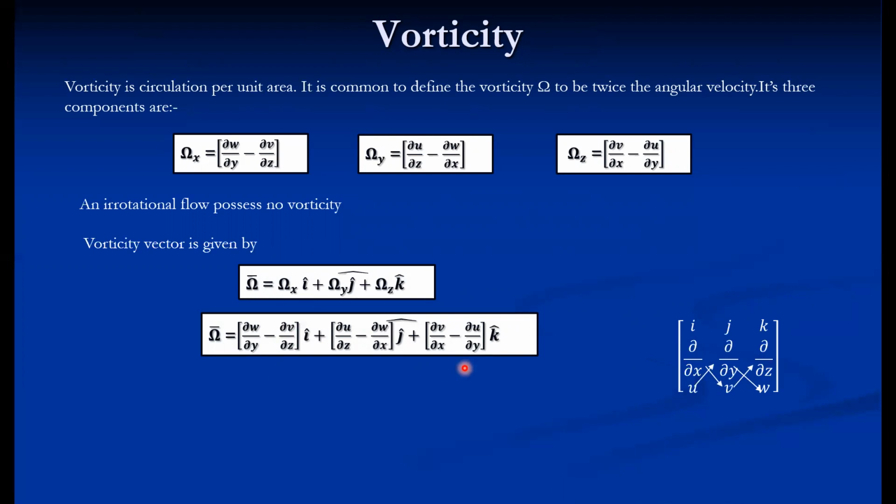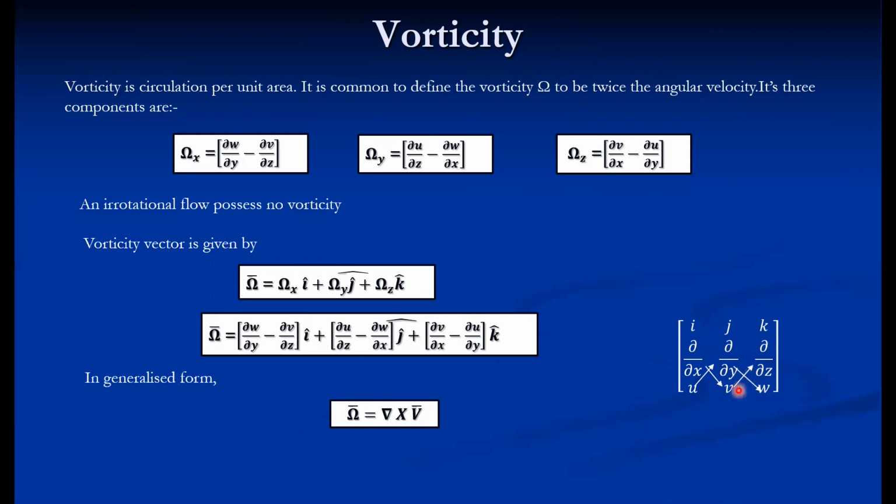In matrix form, we can write in this particular form. From this matrix form, in generalized vector form, we can write omega bar equal to the curl of the velocity vector, because it is a cross multiplication. For example, for omega x, we take the cross multiplication, that is ∂w/∂y minus ∂v/∂z.